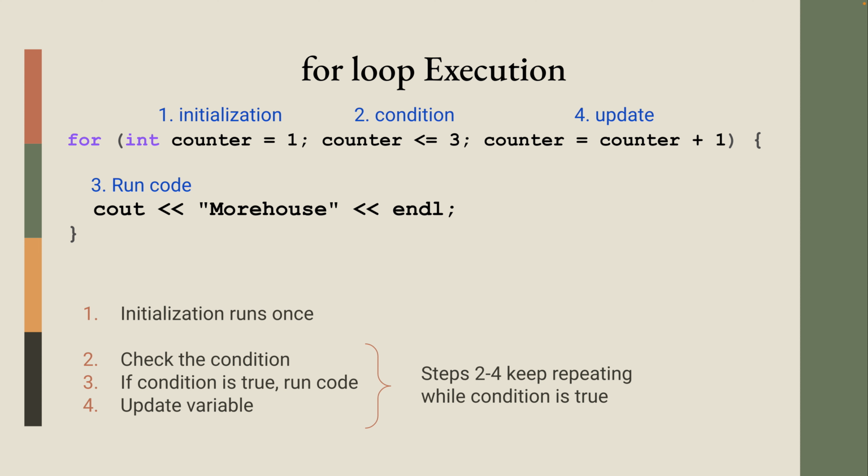The variable he uses is even number, so I've got to use that one. Even number, cout.